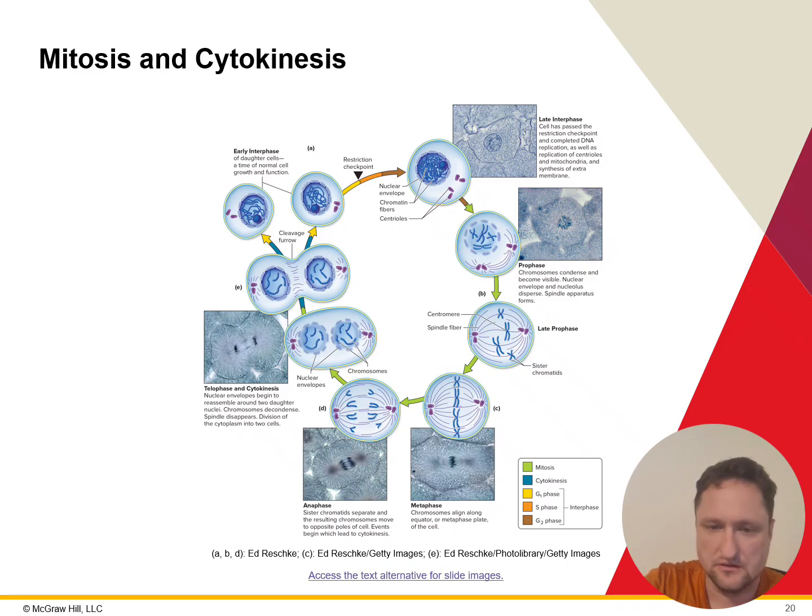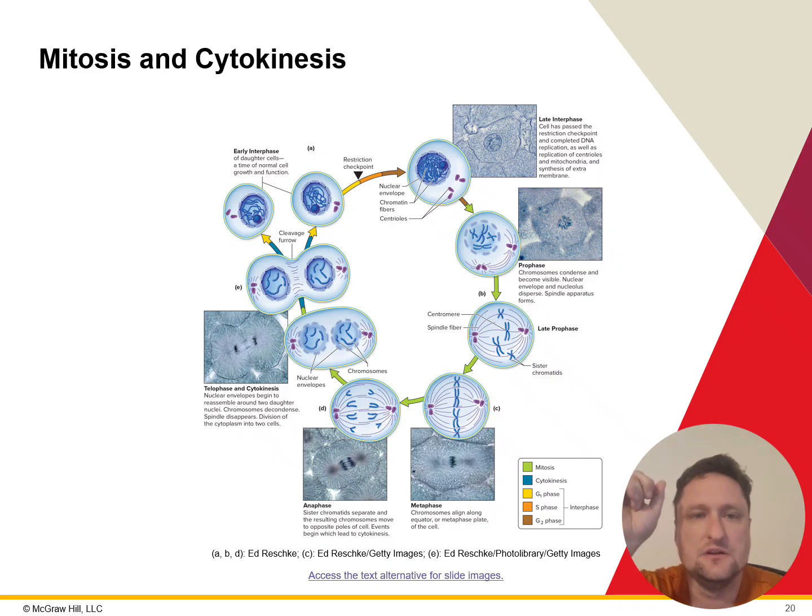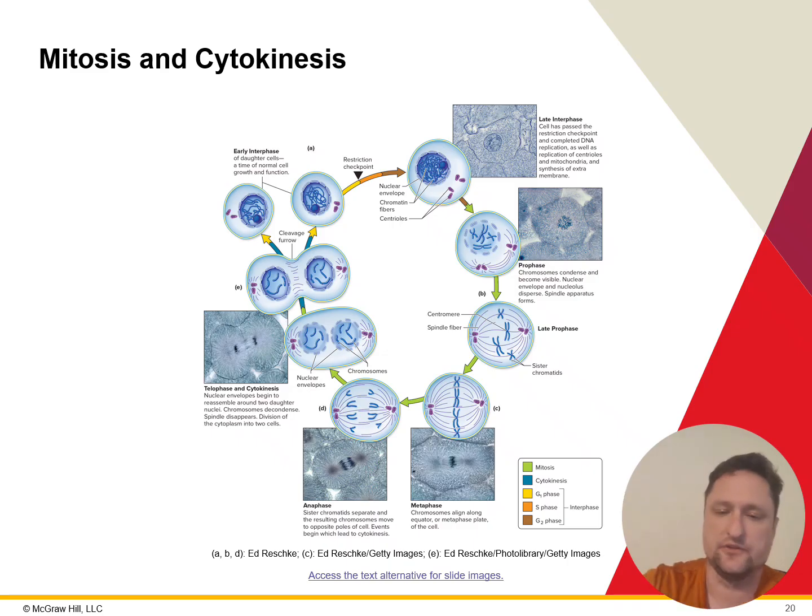If we look at this, we'll start with early interphase. The cell is growing and performs normal functions. Chromatin is uncondensed, and centrosomes and other organelles are present. And we have a restriction checkpoint.